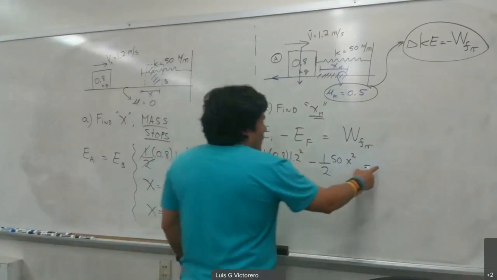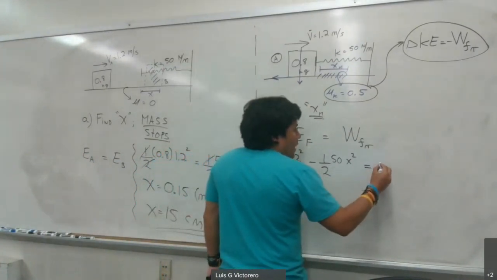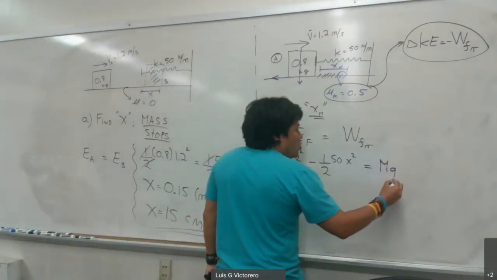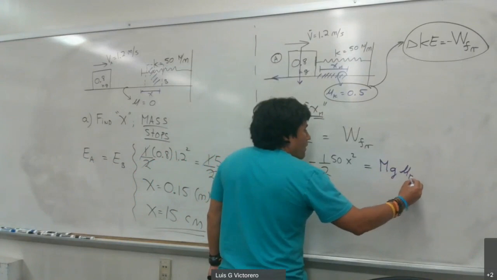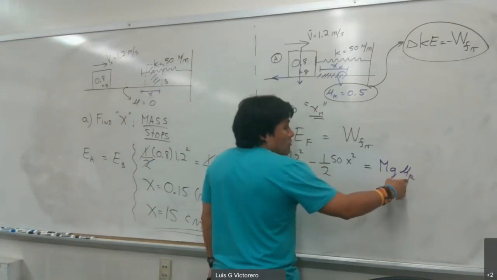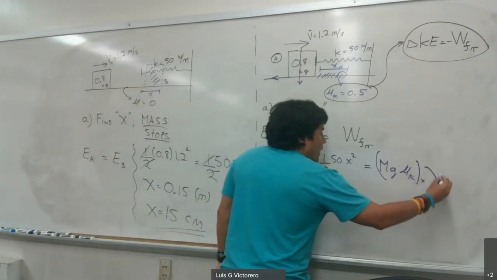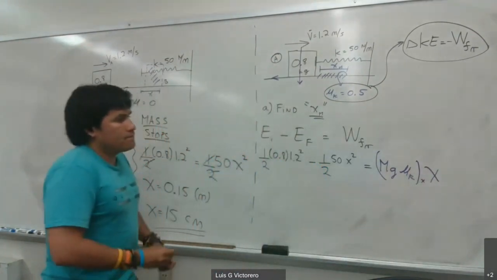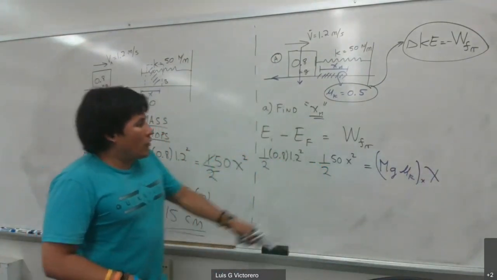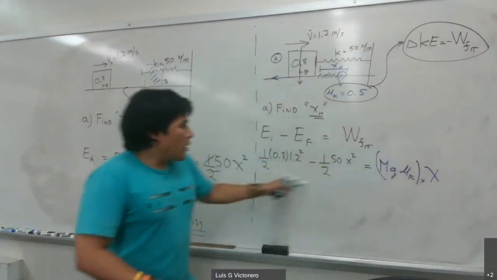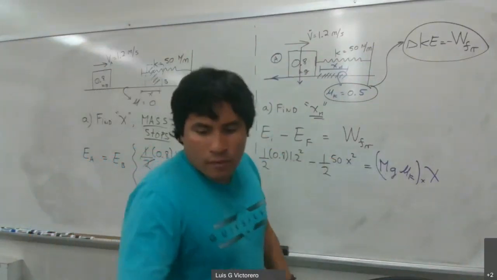So here, if you want to write an equation, it will be mg times mu sub k, normal times friction coefficient, times x.